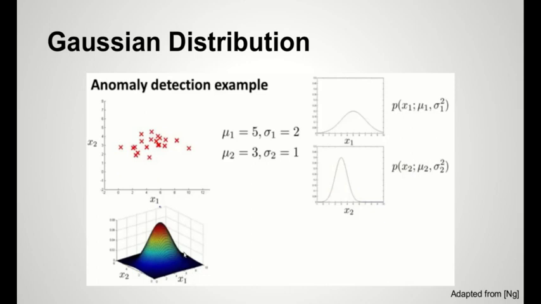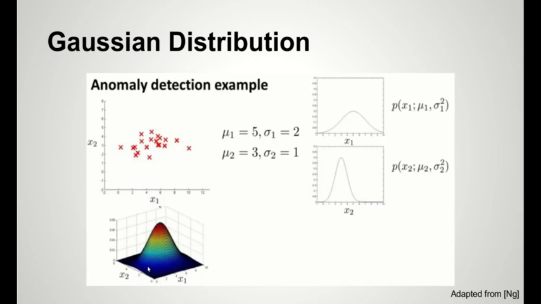So how do we do that in practice? Let's say we have two new observations, and we want to know if they are normal or anomalous.